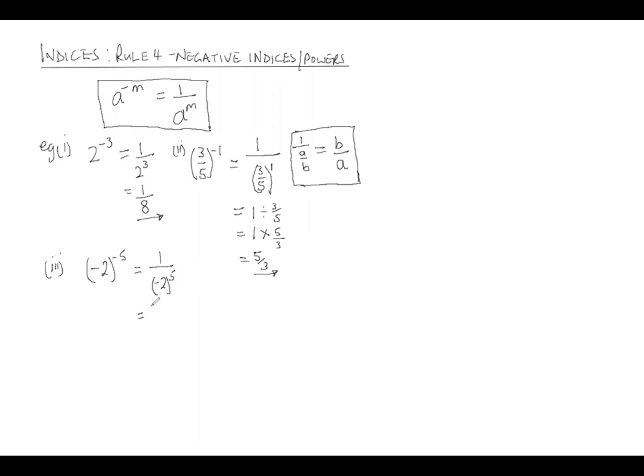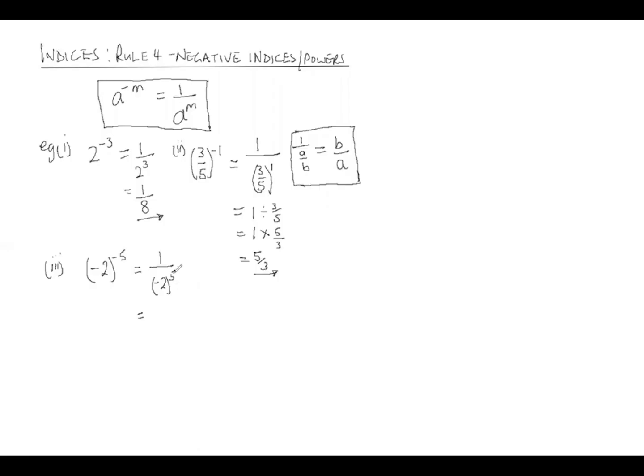Okay, so now there's something that I want to explain to you here. If we have got a negative number and the power is an odd number, you know, odd numbers are like 3, 5, 7, 9, the final answer that you get out of this will have a negative sign.